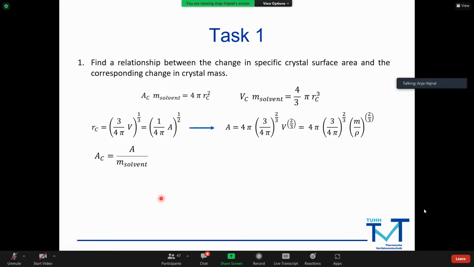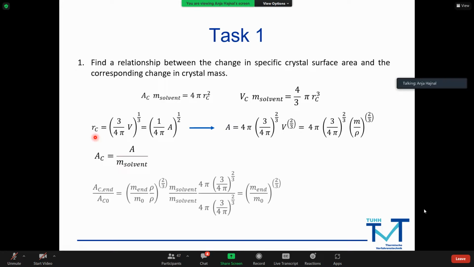All right. Now we know that this A, the surface of the crystals, if we divide it by the mass of solvent, we will have the specific crystal surface area, which is what in the end we need to bring into a relationship to the mass of the crystals, because it figures in our equation.